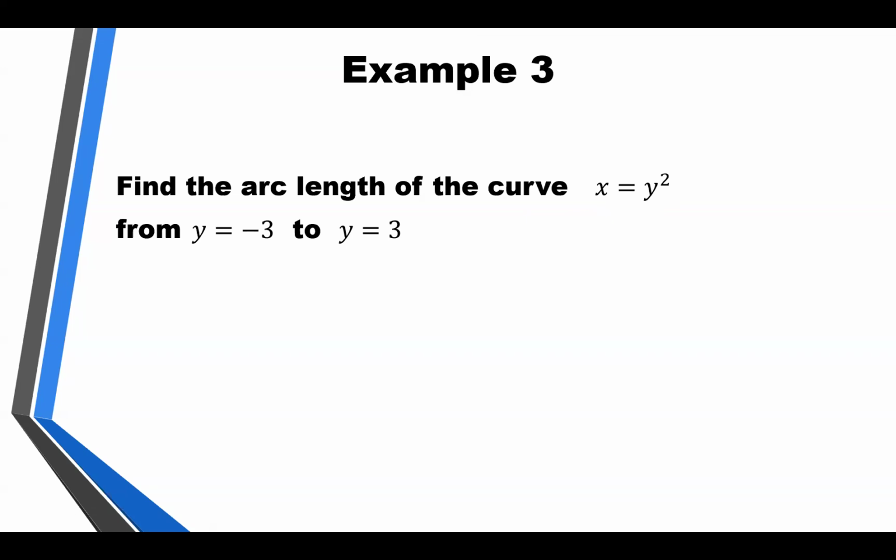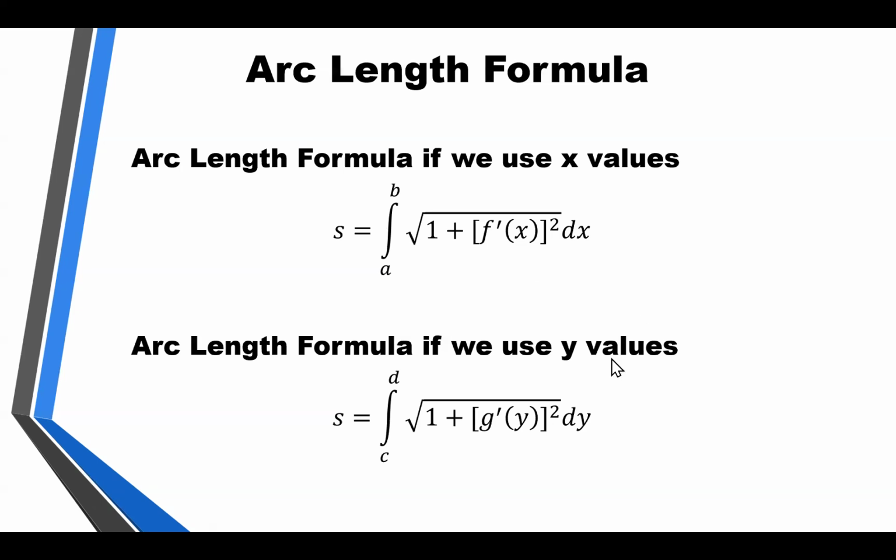If we have this situation, that's perfectly fine. We're just going to use the arc length formula. If we have y bounds, we can use the arc length formula that's done with respect to y. And g of y is going to have x as a function of y. So we can use that.